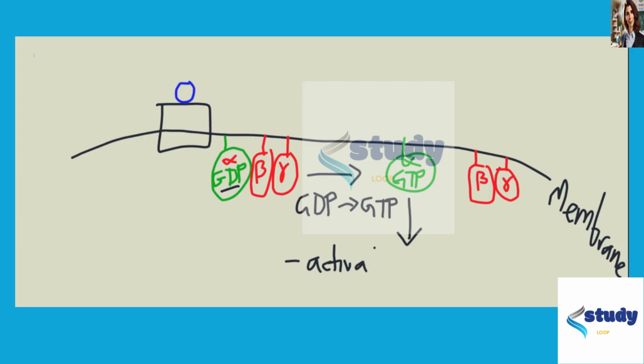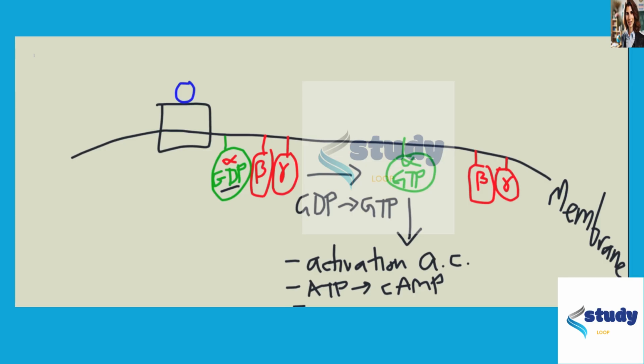I'm just going to put AC for the adenylyl cyclase. Then following that, we get some ATP being converted into the cyclic AMP.